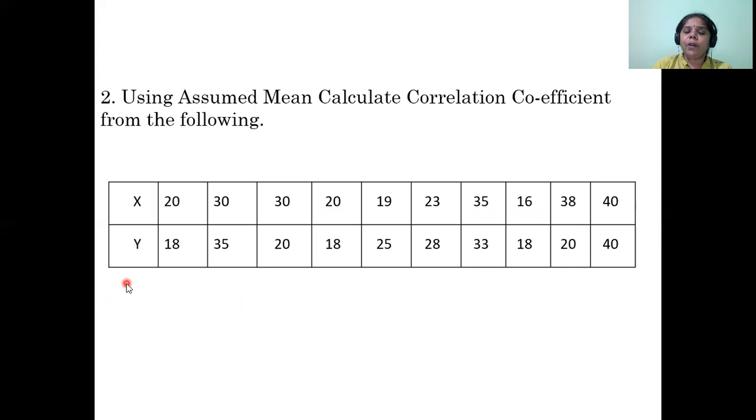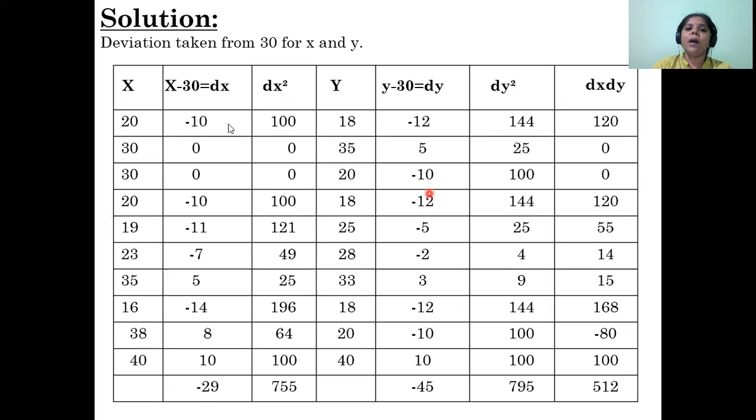The y values are 18, 35, 20, 18, 25, 28, 33, 18, 20 and 40. See how many items there are in x and y: 1, 2, 3, 4, 5, 6, 7, 8, 9, 10. So n is equal to 10. Let us move to the next.